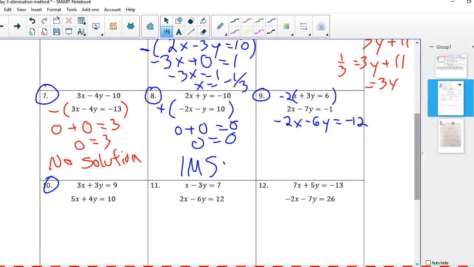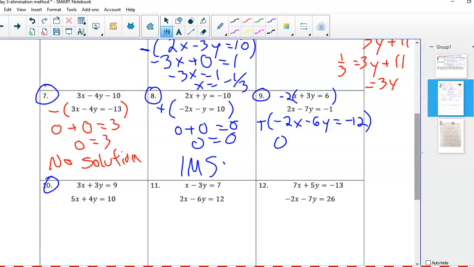Right? So here, to get rid of x, we can add these two. That should always be the question. How can I eliminate these, adding or subtracting? 2x plus a negative 2x is what? 0.